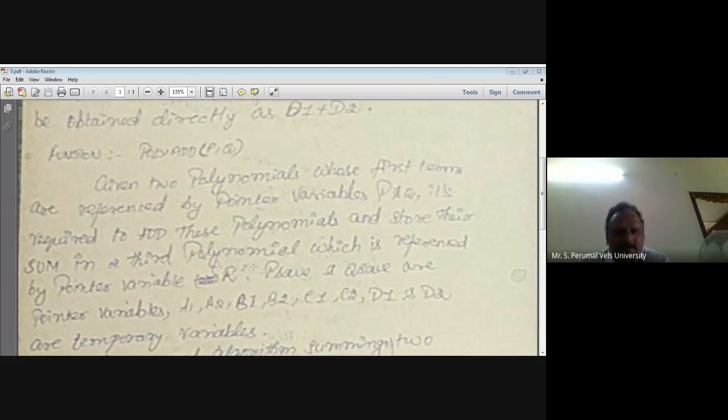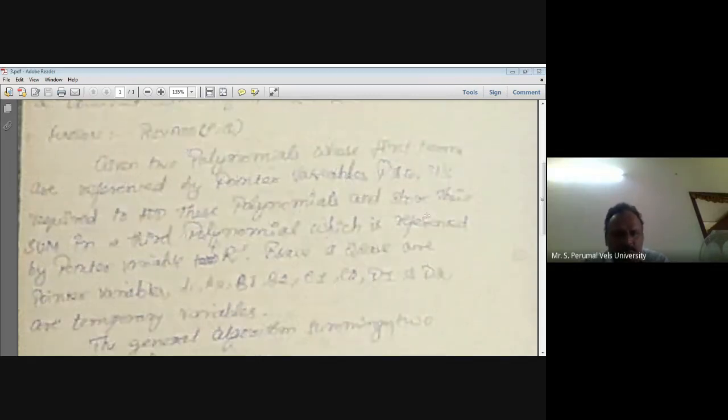Given two polynomials whose first terms are referred by the pointer variable p and q, it is required to add these polynomials and store the sum in a third polynomial, the resultant polynomial R.